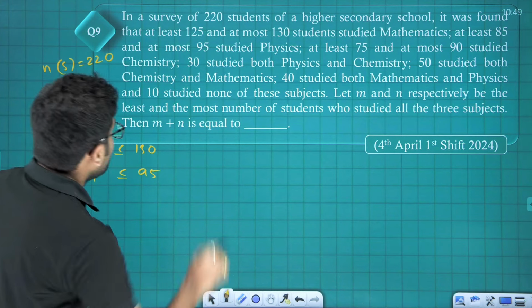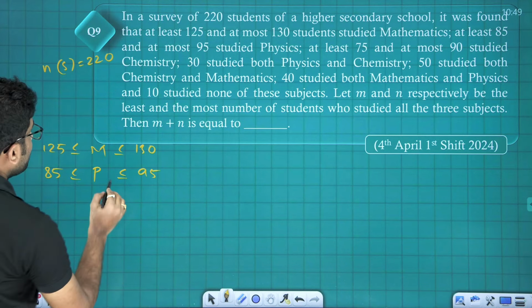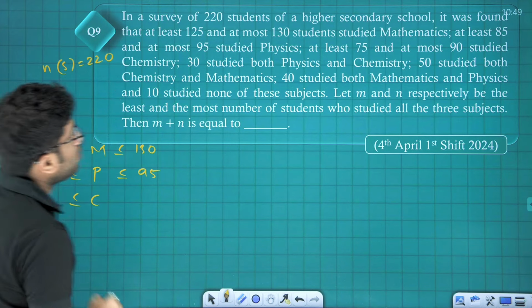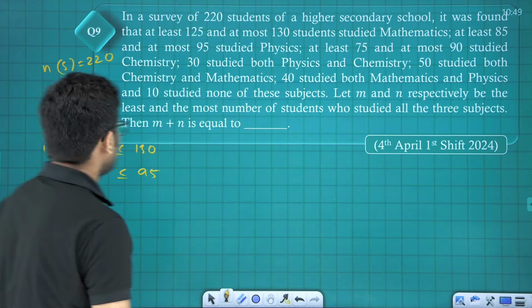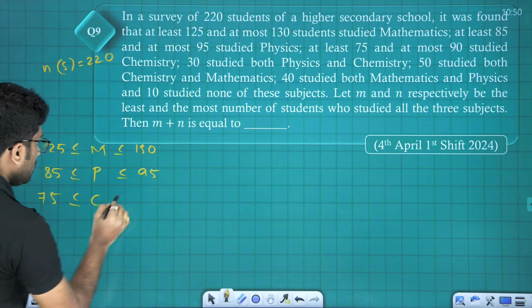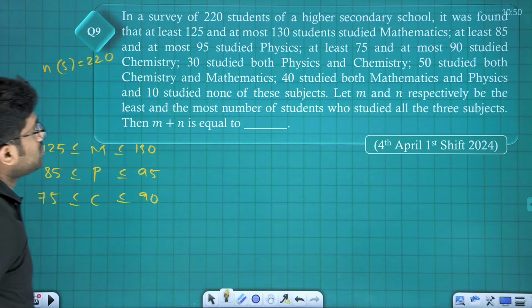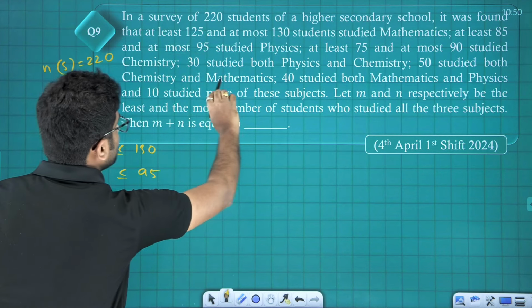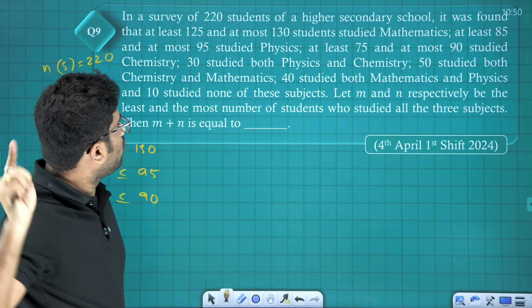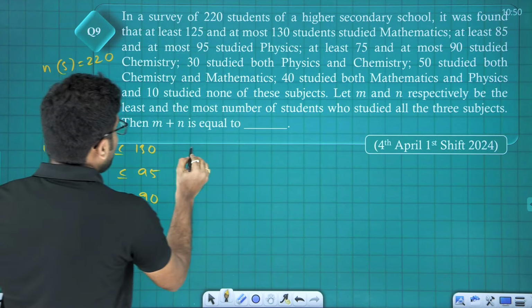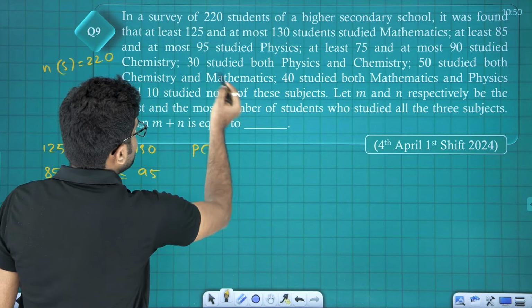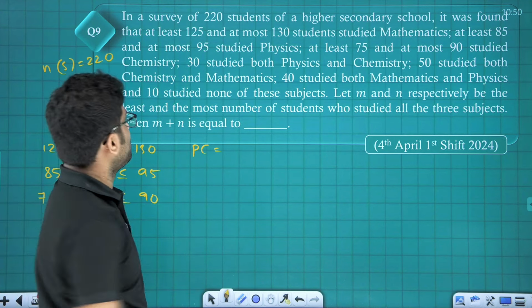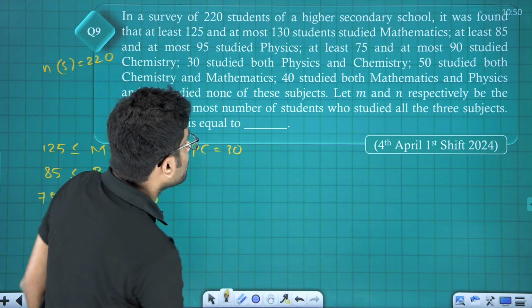Next, coming to chemistry, how many students? At least 75 and at most 90, so 75 to 90. Then what do we need? 30 studied both physics and chemistry. So PC, meaning physics and chemistry, is equal to 30.